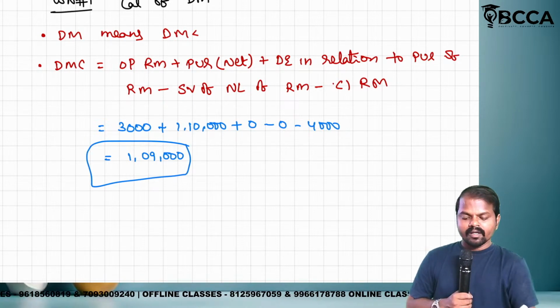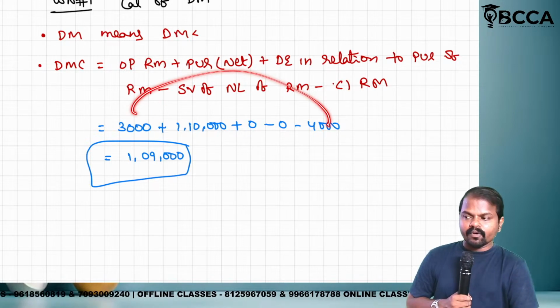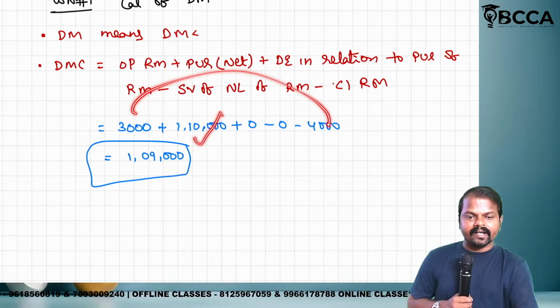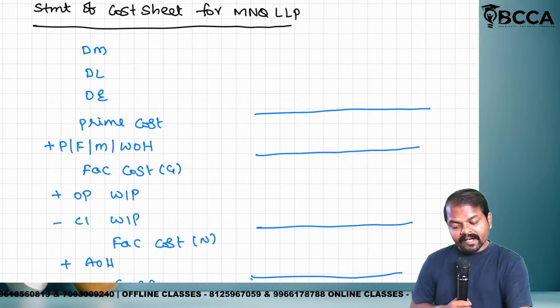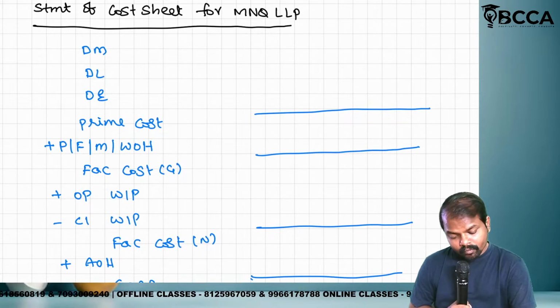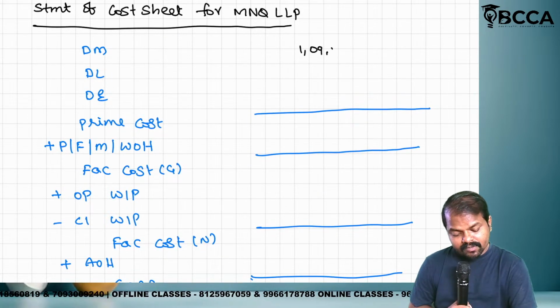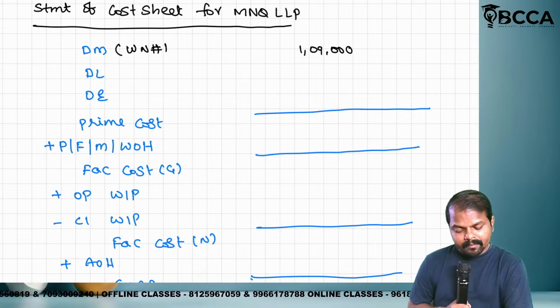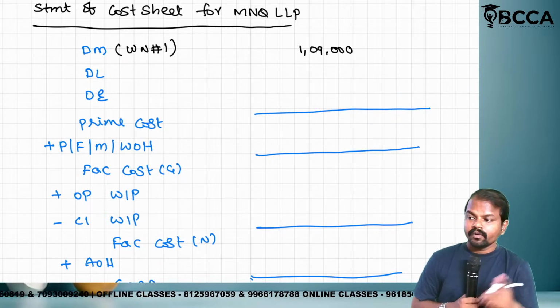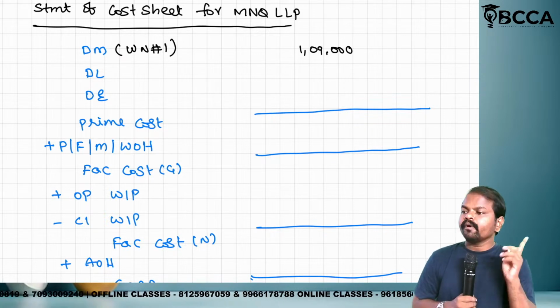Correct? Very simple. 3 minus 4 minus 1. 1,09,000. So what is the direct material? 1,09,000. Working note number 1. You have to indicate how you arrive the answer.